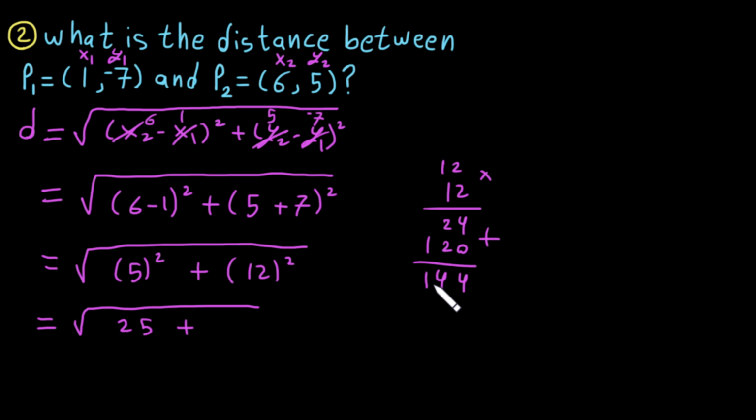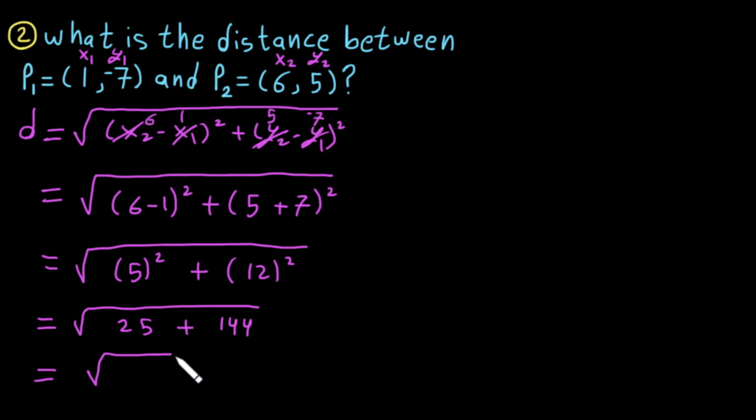So 12 square, which is 12 multiplied by 12, is 144. So we have the square root of 25 plus 144, which is 169. The square root of 169 is 13. So the distance between these 2 points is 13 units.